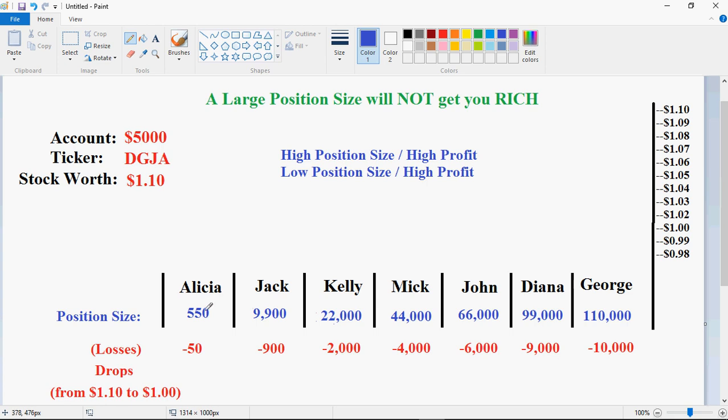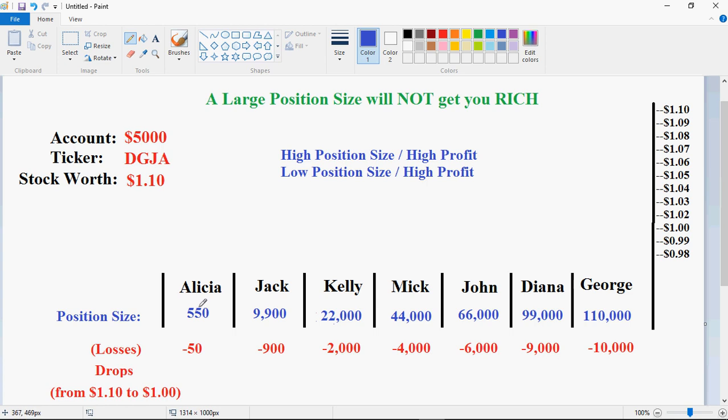I didn't put that there, but this is the total. Jack bought 9,000, but because it's at $1.10, it came up to 9,900 and so forth. So don't sit down here and put 550 in the calculator and multiply it by $1.10 and say it's off.